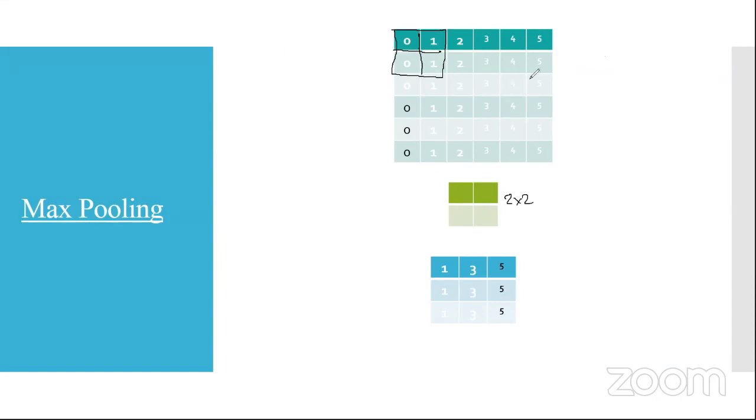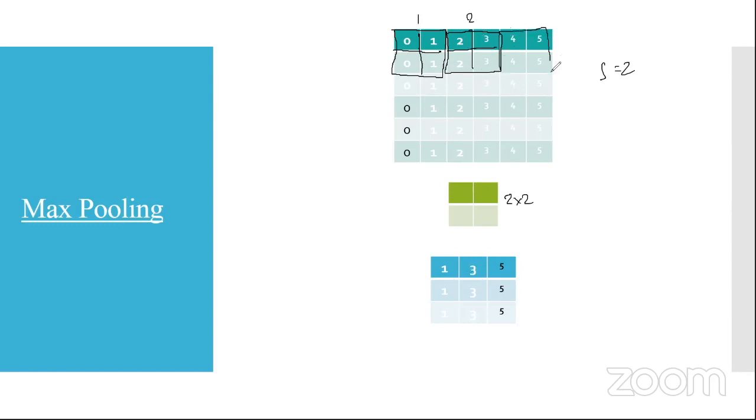And let's say we are applying this pooling with stride equal to 2. So the next position of our filter is going to be this. In this, what is the maximum value? 3, right? So the next value in our output image is going to be 3.